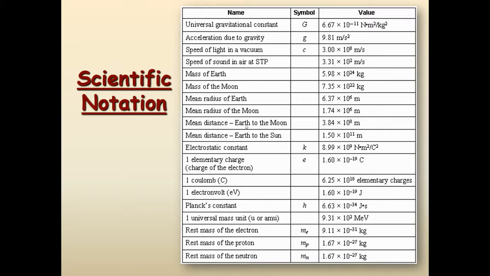What we do instead of writing out these really long numbers or these really tiny numbers with lots of zeros in front of them is we use something called scientific notation. It's a way of taking really large or really small numbers and rewriting them so that you're not writing out lots and lots of digits.